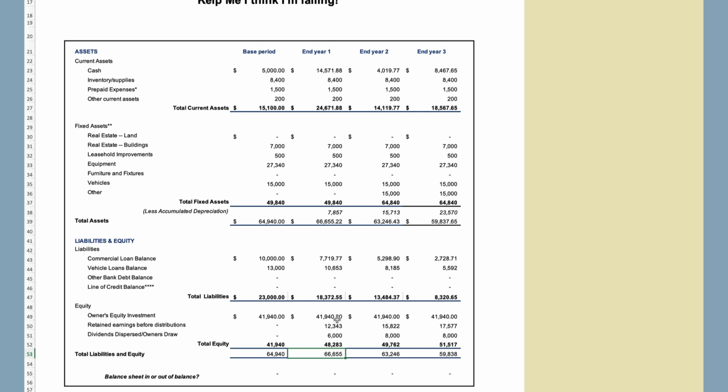The initial value of our investment doesn't change, but now we are adding to the value of the business through making a profit, and then we reduce the retained earnings by paying ourselves this $6,000, giving a total equity value in the business, or a total net worth of the business, from 41 at the beginning of time to 48 after a year.